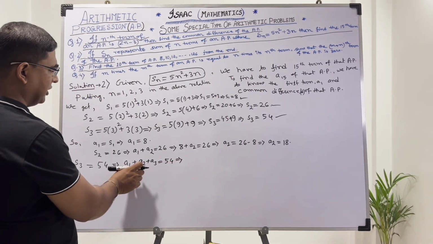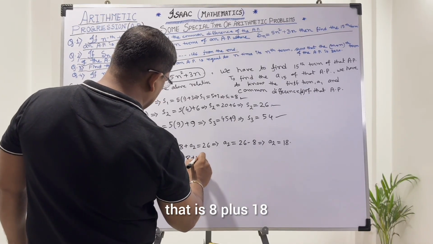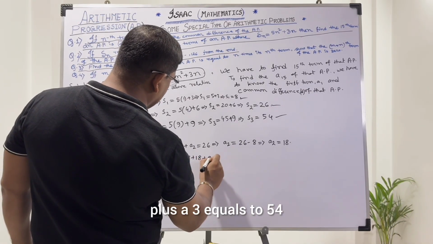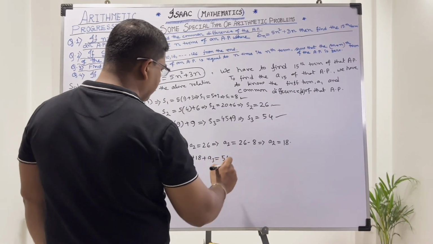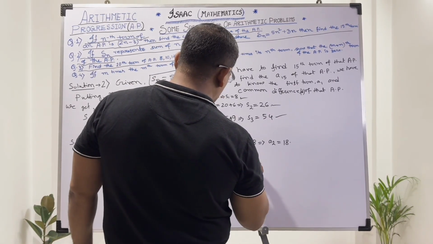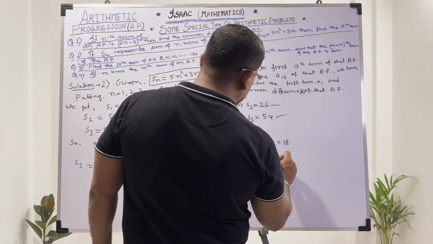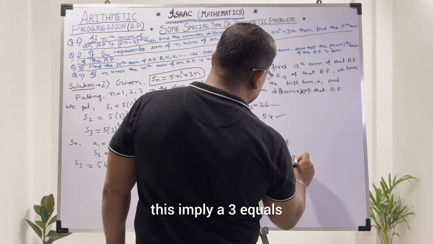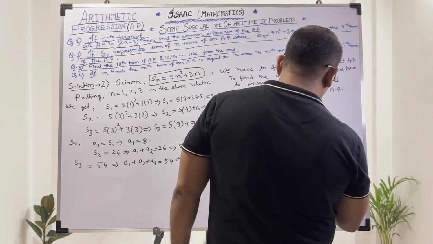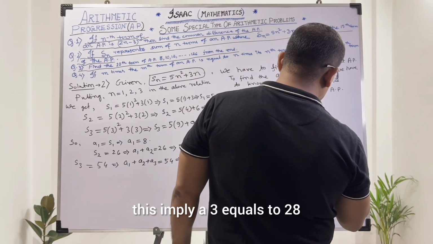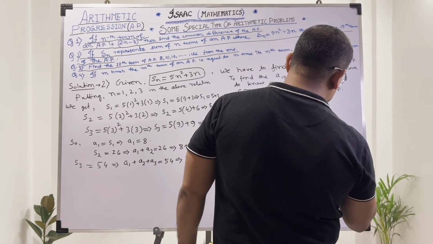A1 means 8, A2 means 18, that is 8 plus 18 plus A3 equals 54. This implies 26 plus A3 equals 54. This implies A3 equals 54 minus 26. This implies A3 equals 28.